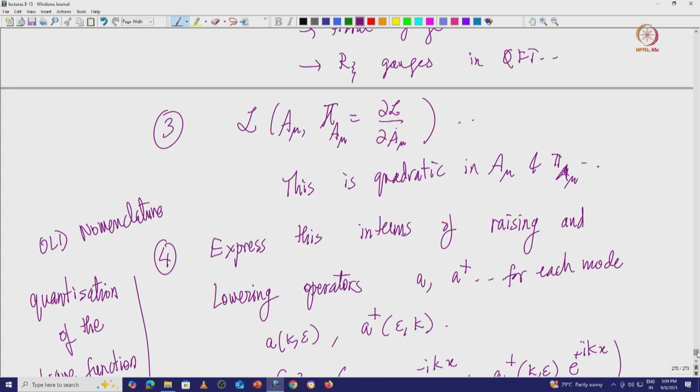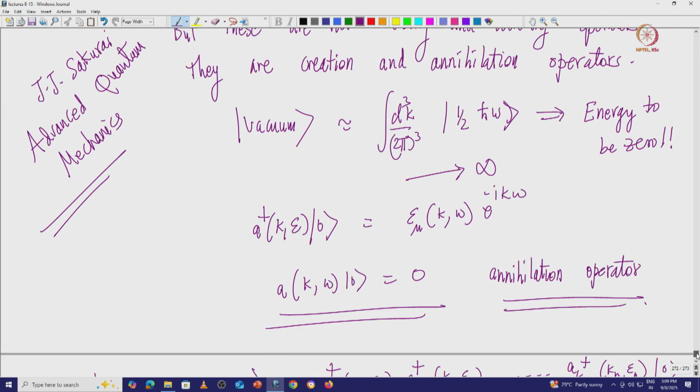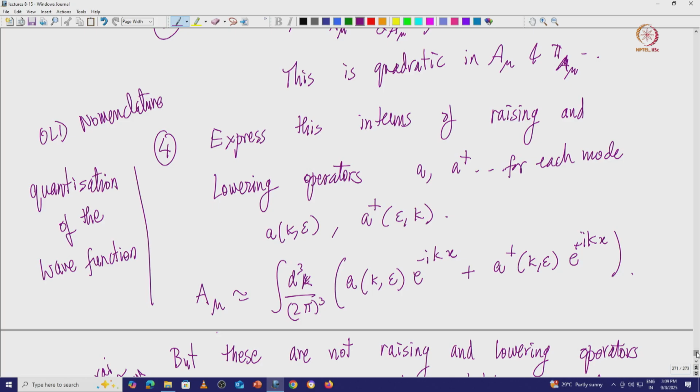But instead of calling them raising and lowering operators, because there are several modes possible, since the momentum is not fixed, you have several kinds of momenta allowed, and two kinds of polarizations allowed, you call them creation and annihilation operators, and you express the solution in terms of these, either as an integral or as discrete sums, running from minus infinity to plus infinity, because all the polarizations and all the momenta are allowed.